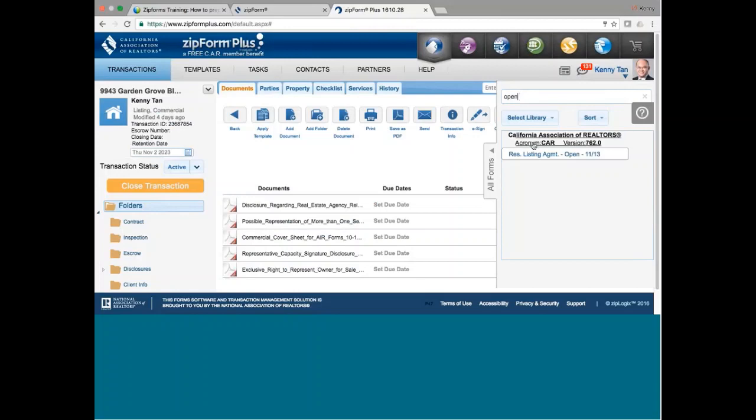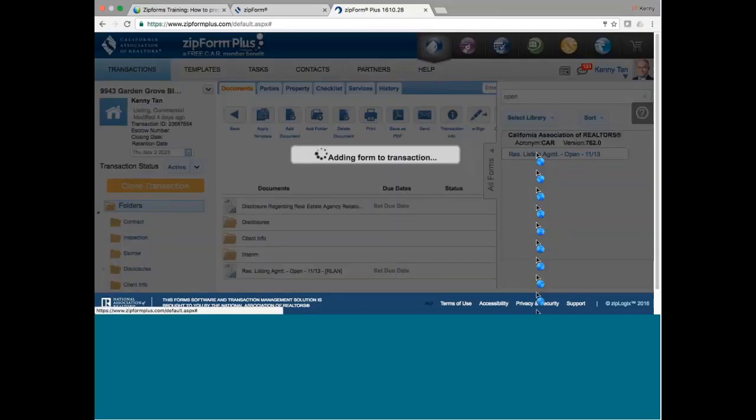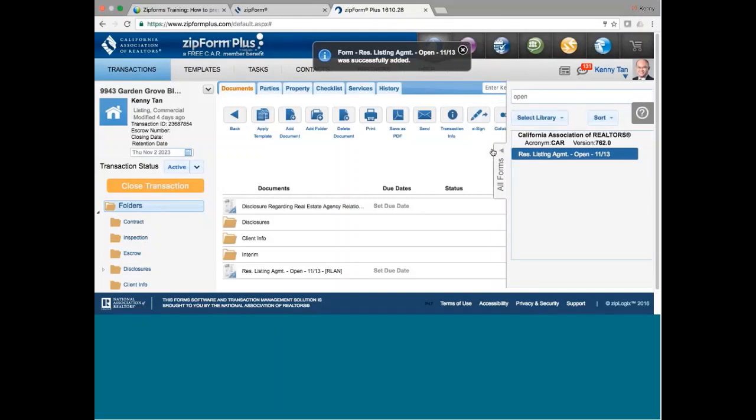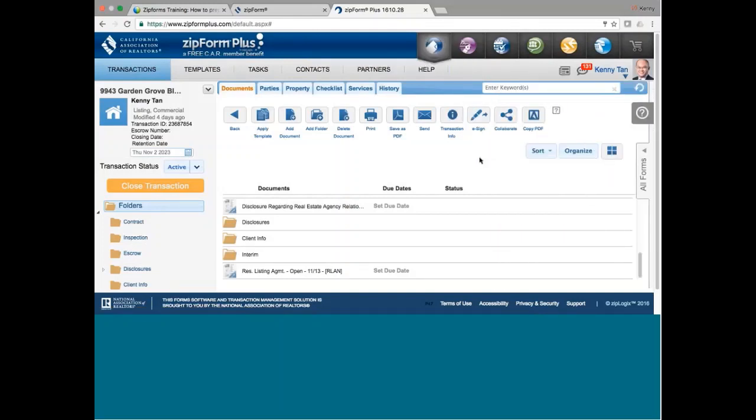Okay, this is a CAR form open listing. Now, if you have a commercial property that you need an open listing agreement for, unfortunately, AIR form does not have a standard form for open listing. You only have CAR form.